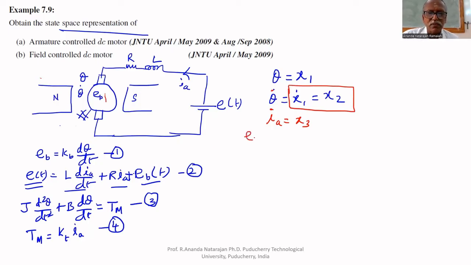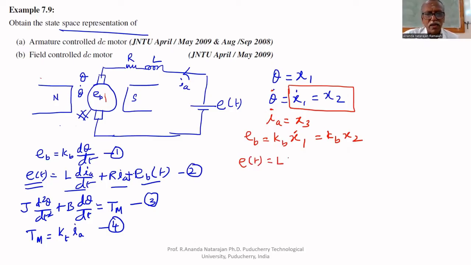E_B equal to K_B into d theta by dt, which is x2. That is, E_B equal to K_B x2. E of t equal to L dI_A by dt plus R I_A plus E_B. I_A is x3.